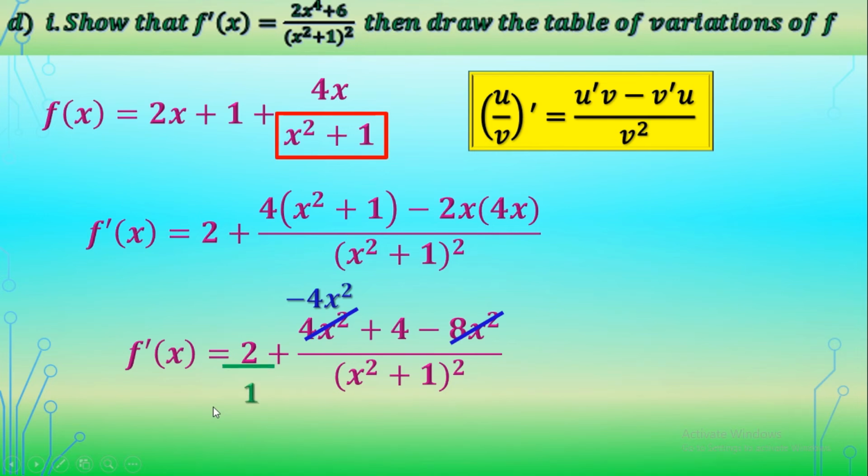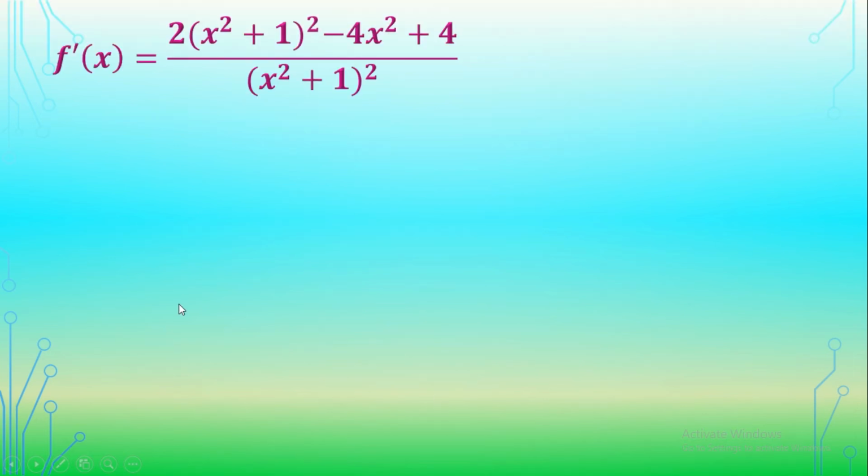Now 2 is 2 over 1. If you know to transform into the same denominator, since we have a plus, we can multiply both denominator and numerator by x squared plus 1 all squared. So we can say that f prime of x will be 2 into x squared plus 1 all squared minus 4x squared plus 4 over x squared plus 1 all squared.